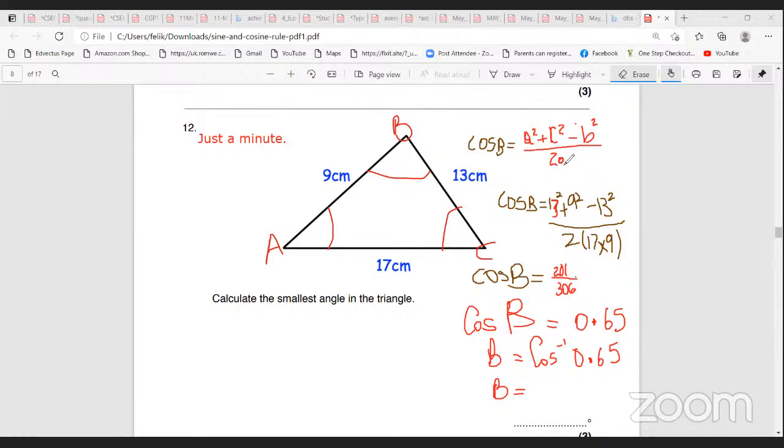That is equal to negative 39 when I calculate it. So we have 13 square plus 9 square minus 17 square, which is equal to negative 39.